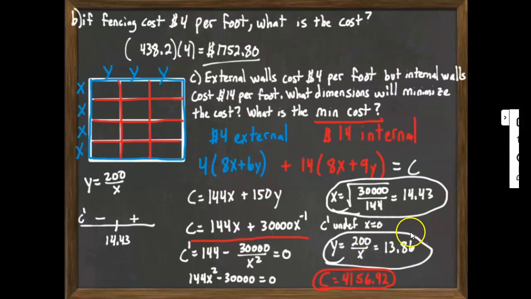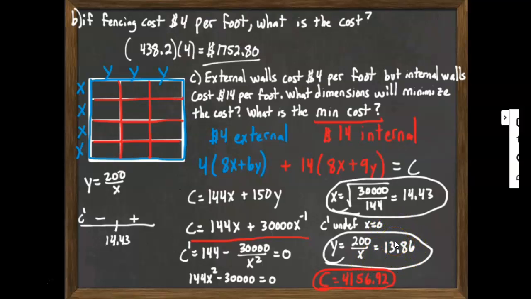Now that is not the minimum material, but it is the minimum cost with these restrictions. Change these numbers in any way, and you're going to change the overall problem, which will change the overall cost.